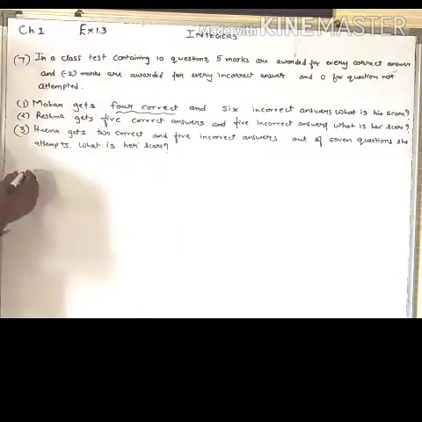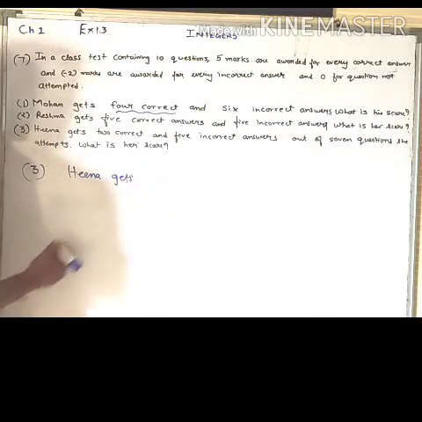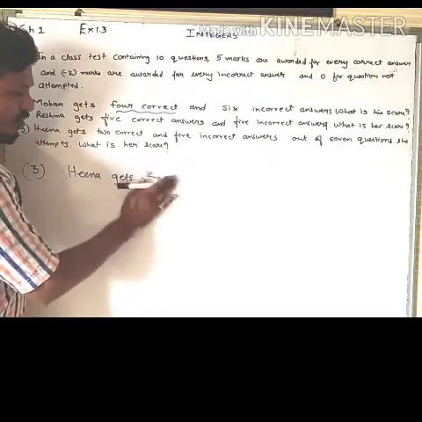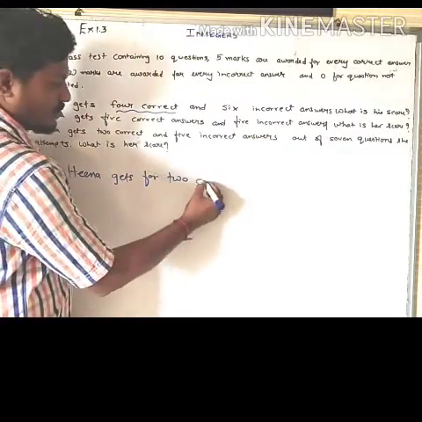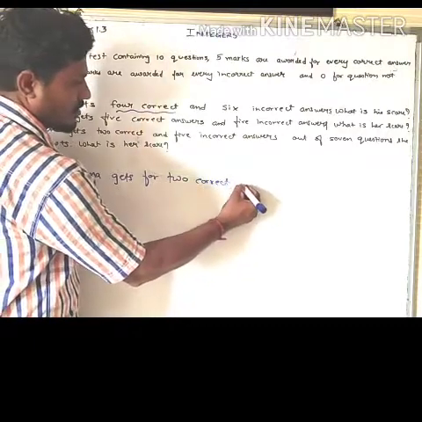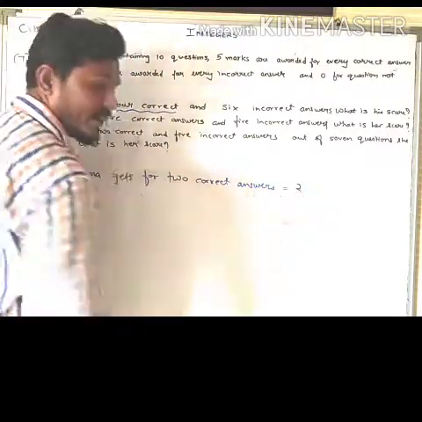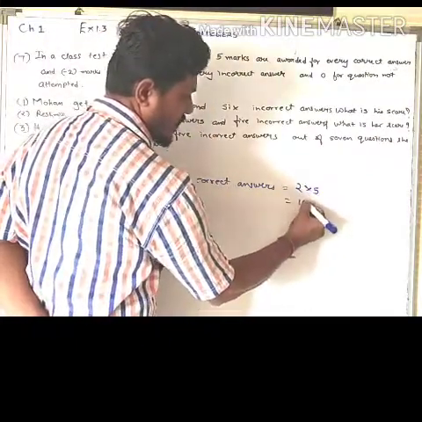So let us write down Hina gets for 2 correct answers. You have to multiply 2 with 5. 5 for each correct answer. 2 5s are 10.